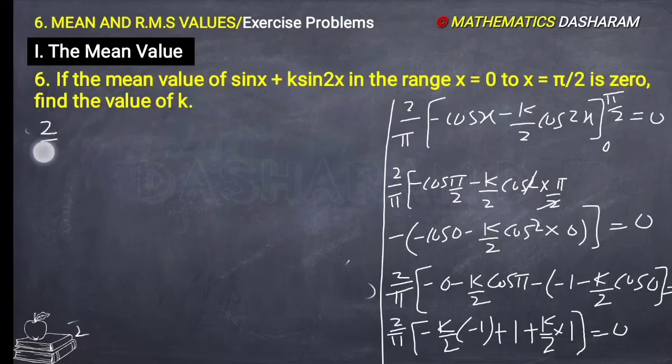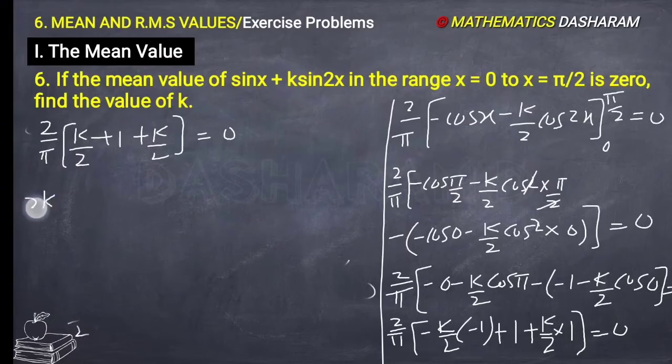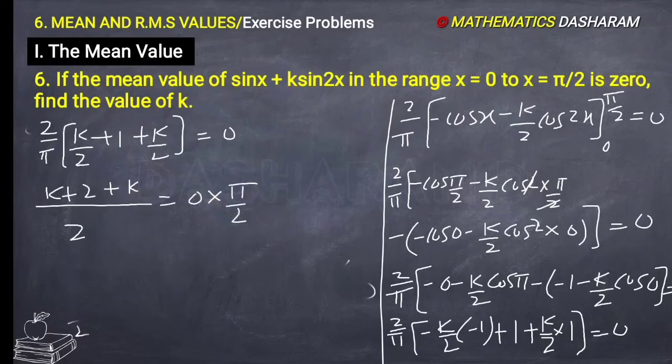So 2 by pi, minus of minus plus k by 2 plus 1 plus k by 2 equals 0. Here k by 2 plus k by 2 gives k; otherwise let's take the LCM: k plus 2 plus k over 2, equals 0 into pi by 2.